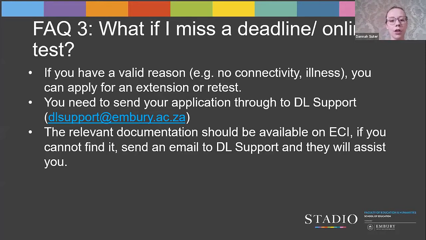So there are lots of people willing to help you if you have a valid reason why you couldn't submit something. So do try and reach out for that support because we are willing to help you, but you need to reach out and apply for that support.